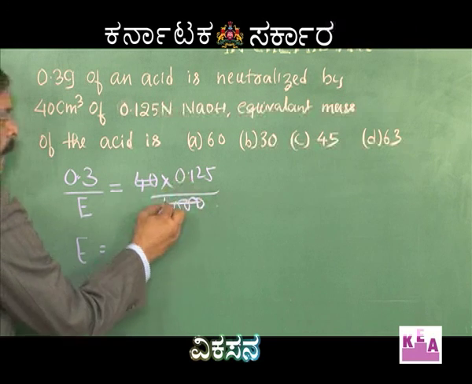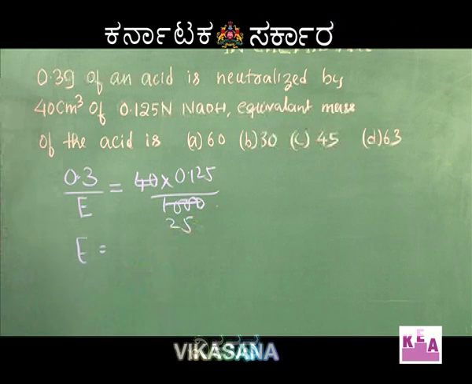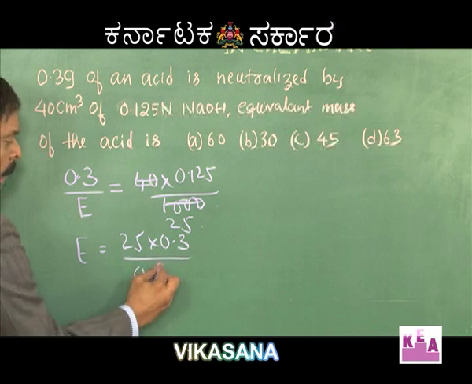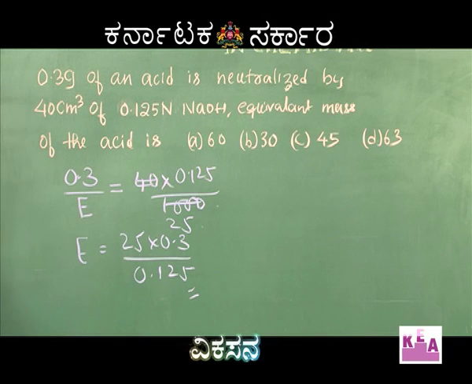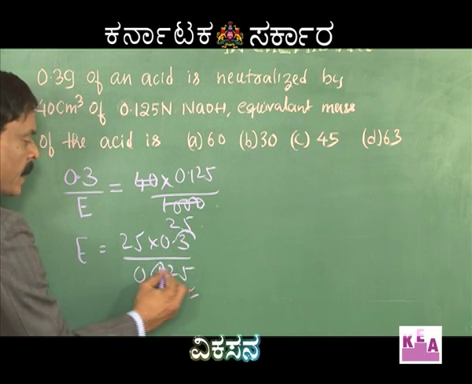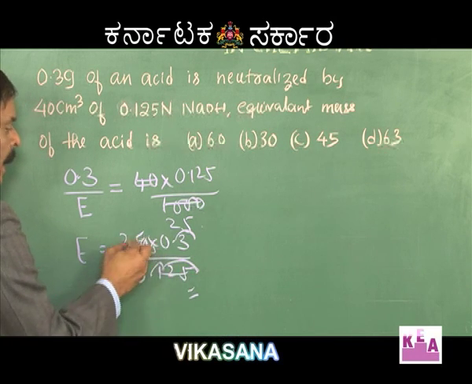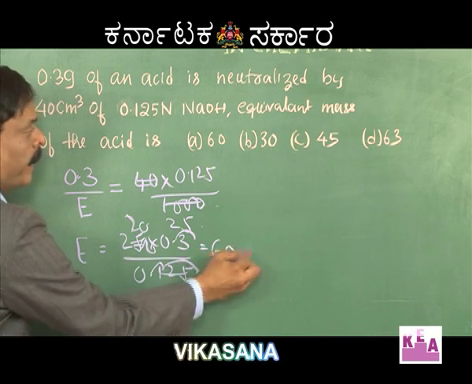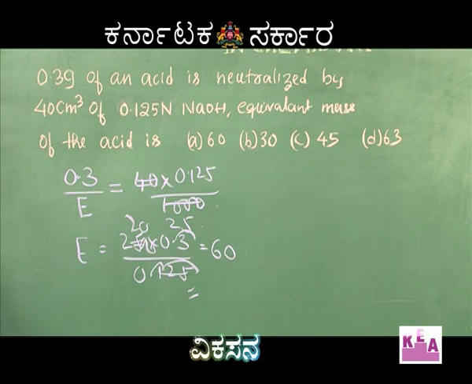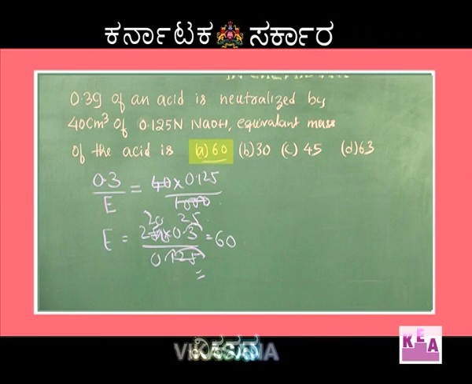E will be equal to 25 into 0.3 divided by 0.125. And when you simplify this, you get it as 20 into 3, that is 60, and therefore the right answer for this question is option A, that is 60.